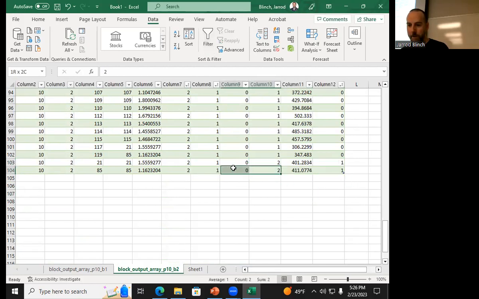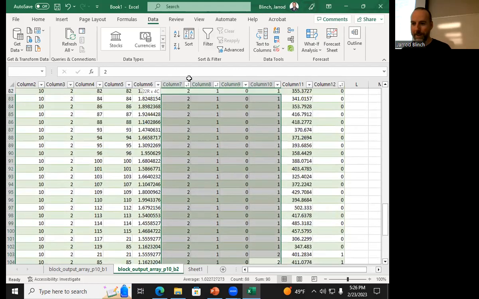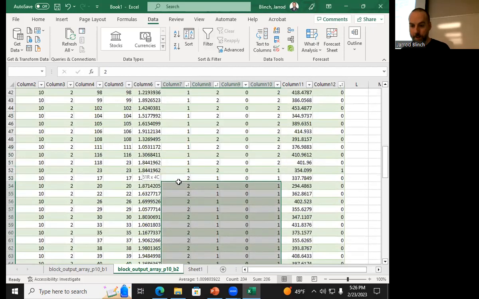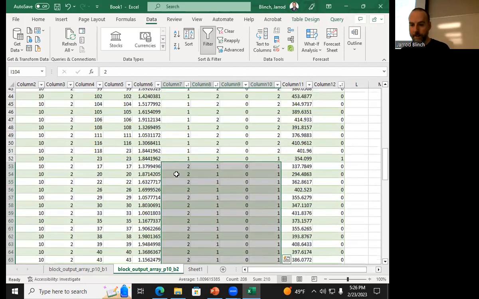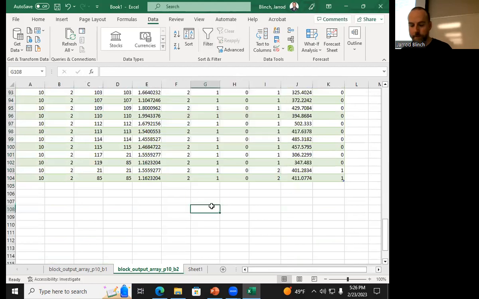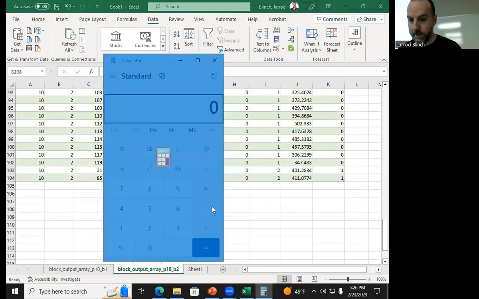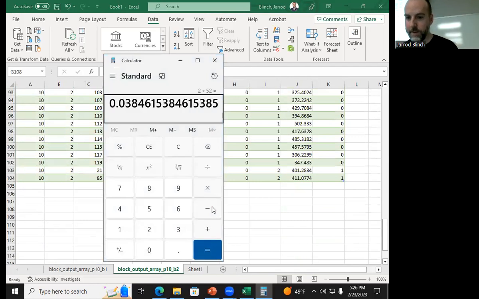And how many were there? It should be 52 if everything's working properly. Yep, 52 trials. So here it's just going to be 2. All right. 2 divided by 52. And Anton, how are we going to round this one? 0.04. Good.